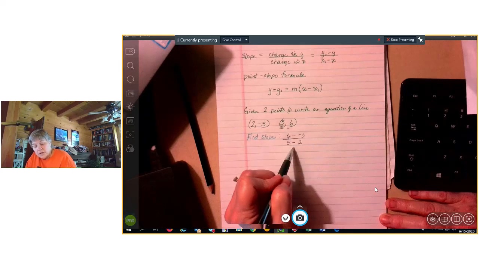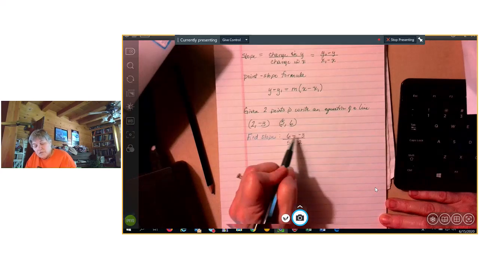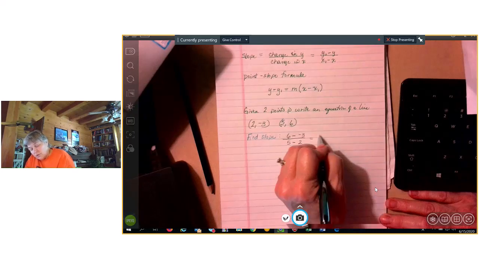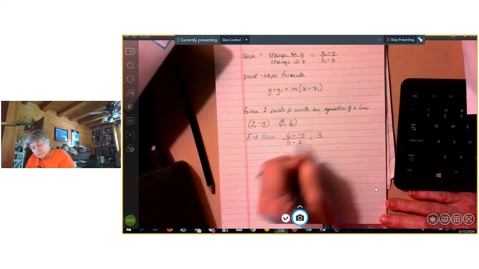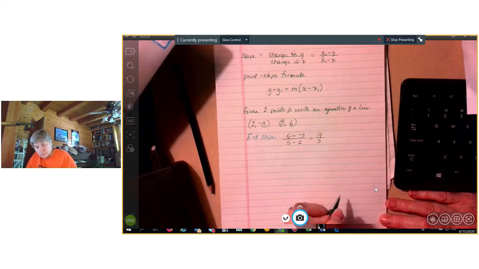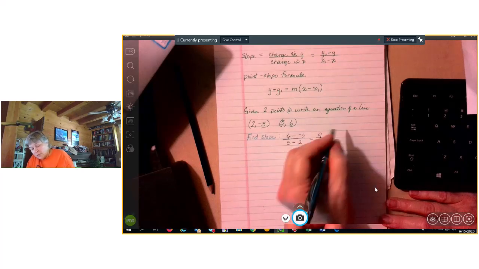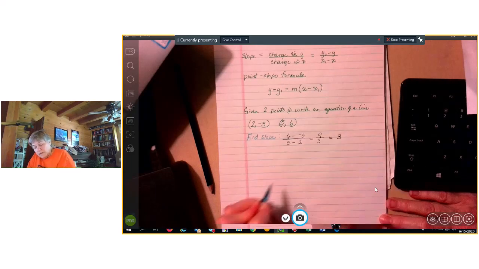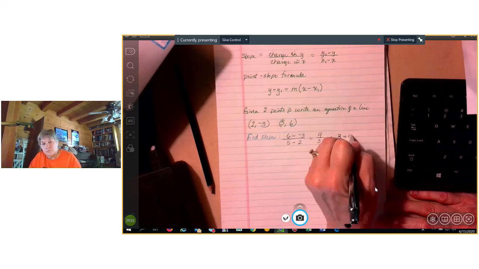So 6 minus a -3 over 5 minus 2 gives me 9 over 3, and that's actually going to equal 3. It's going to equal my slope.